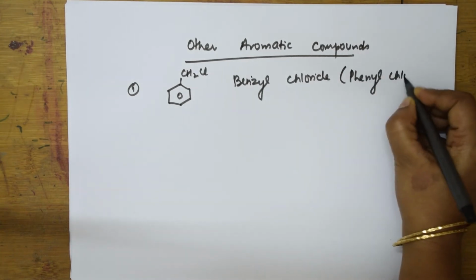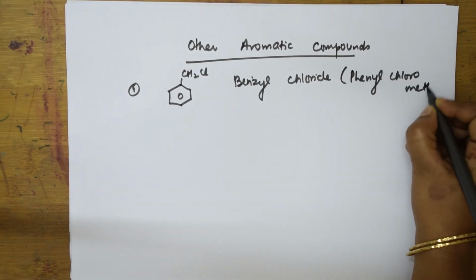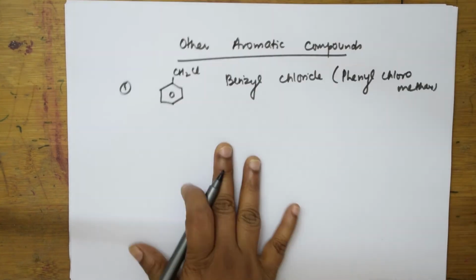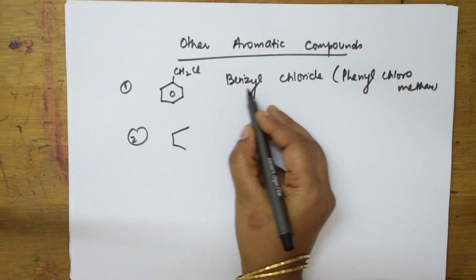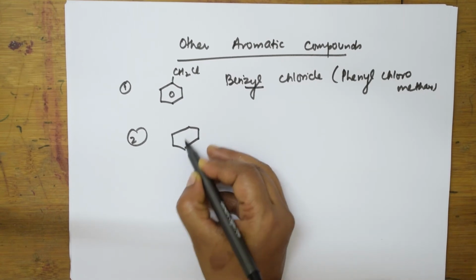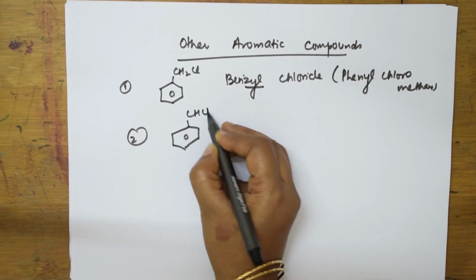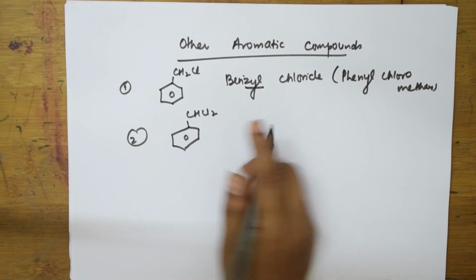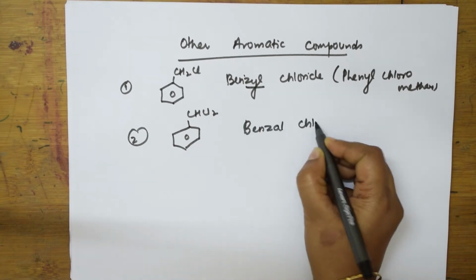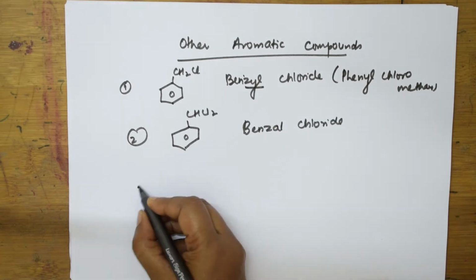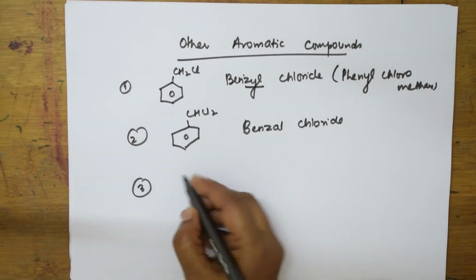Phenyl chloromethane. If I take one more example, this is benzyl, isn't it? Now see here. In this compound, now hydrogen is 1, chlorines are 2, then you call it benzal chloride. Now you don't have any hydrogen.